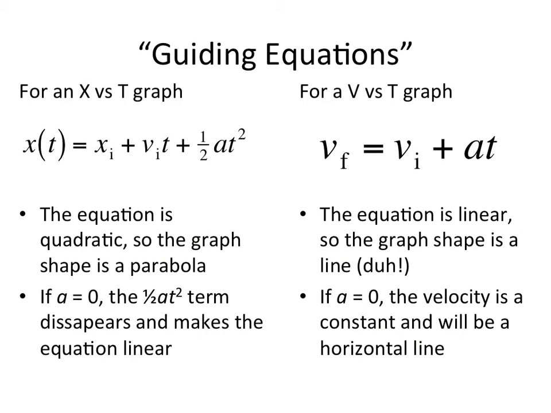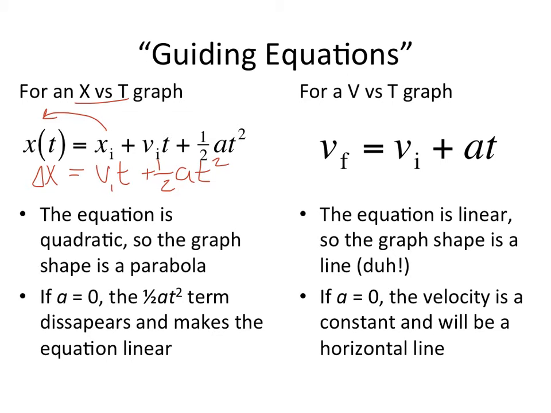All right, and so here are guiding equations for determining what kind of graph it's going to look like. Position versus time. Change in position, in fact, let's just bring this x initial over there. So x minus x initial, or really just change in displacement, would equal initial velocity times time plus 1/2 acceleration times time squared.